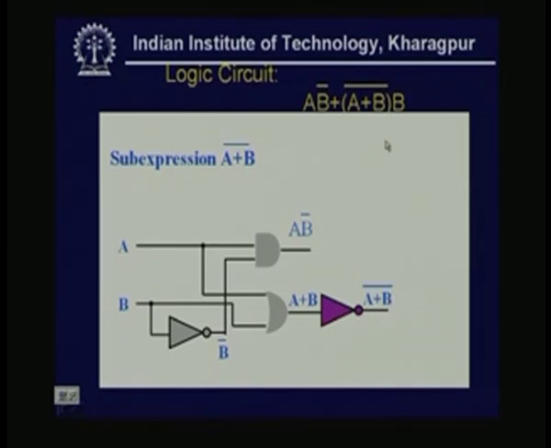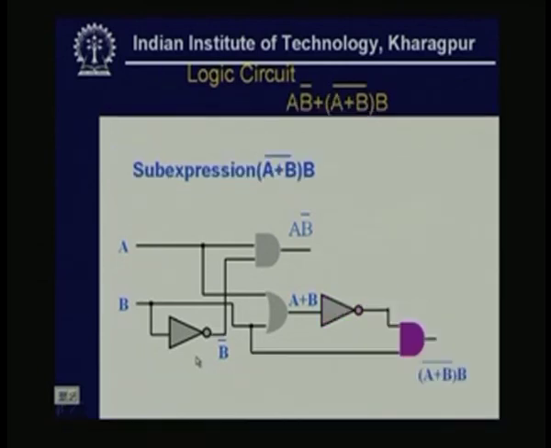Now, again in the expression I need another, A plus B complement times B. So, this is my A plus B complement and this B is available. So, this B is going here, and this is a 2 input AND gate. The output of this AND gate is A plus B complement B.